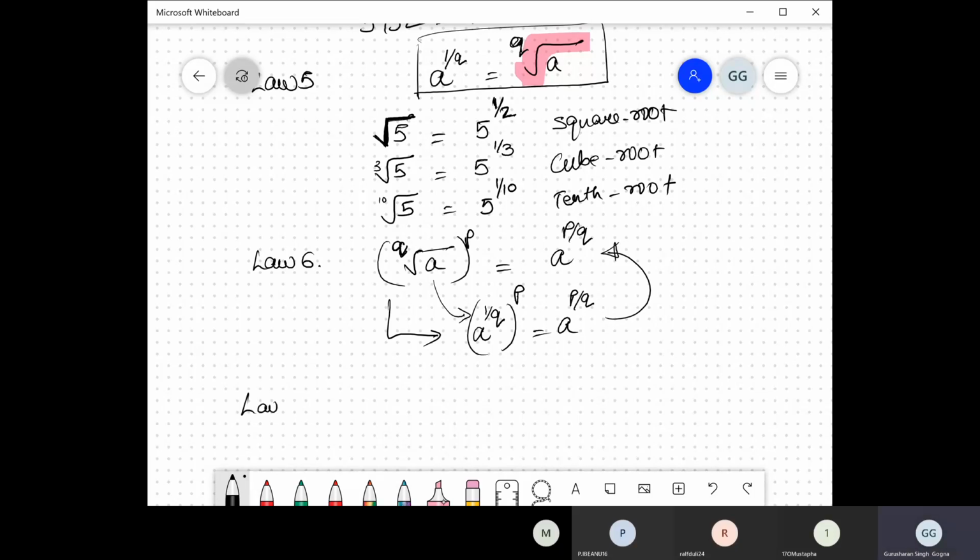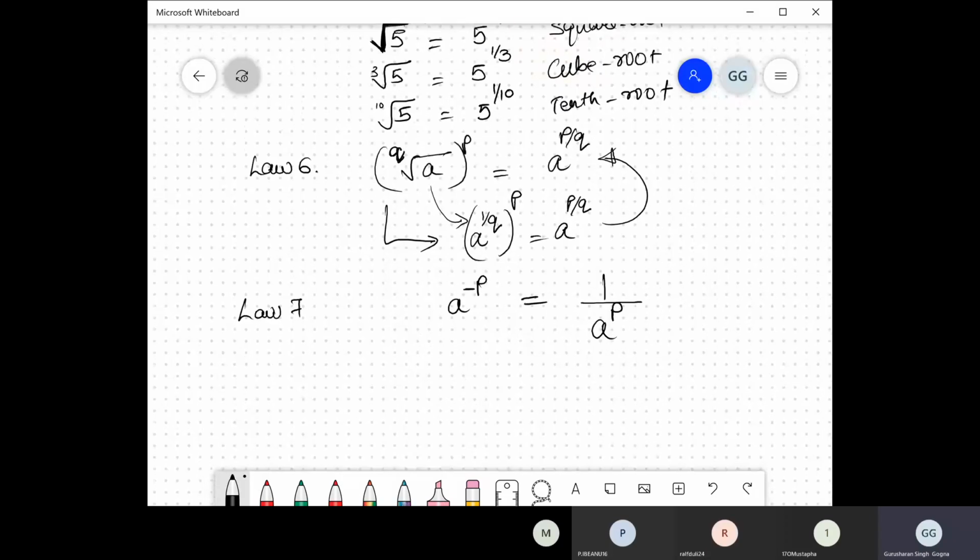Law number 7. A to the power minus p, which means negative power. So what will you do when you have a negative power? When you have a negative power, you flip it and then change it to positive power. Okay, so that is the meaning of a negative power.